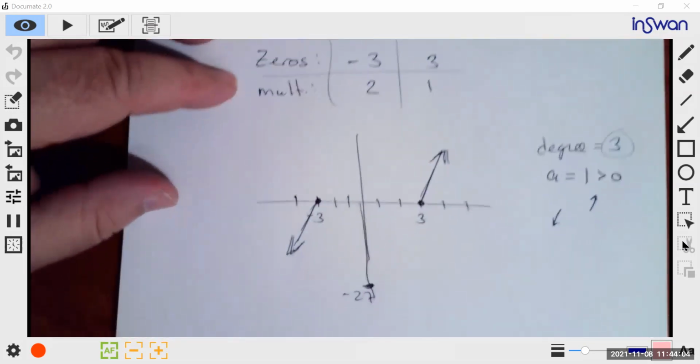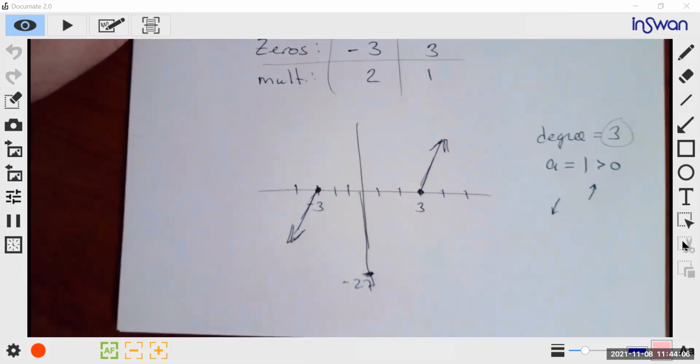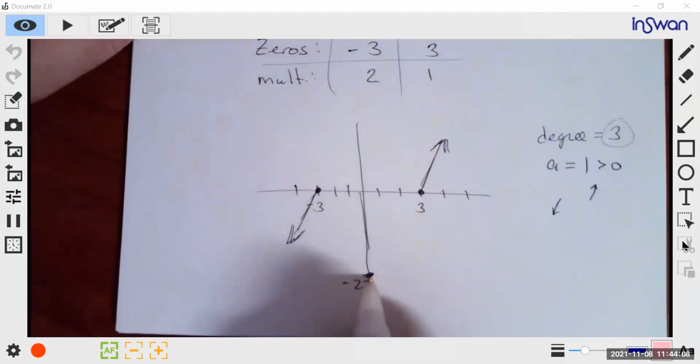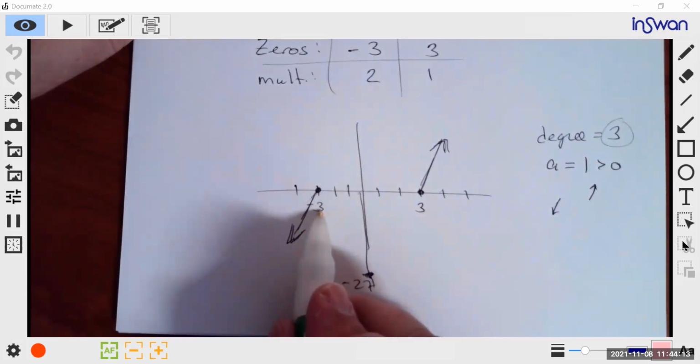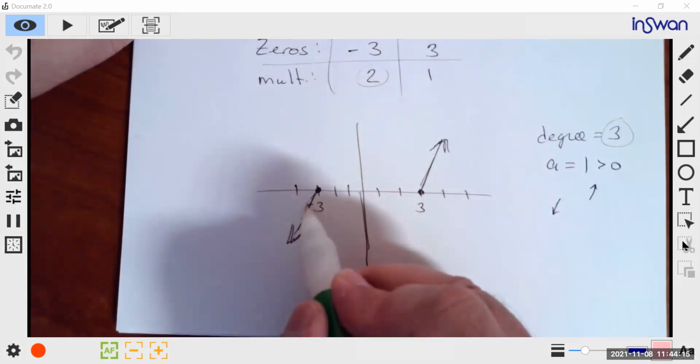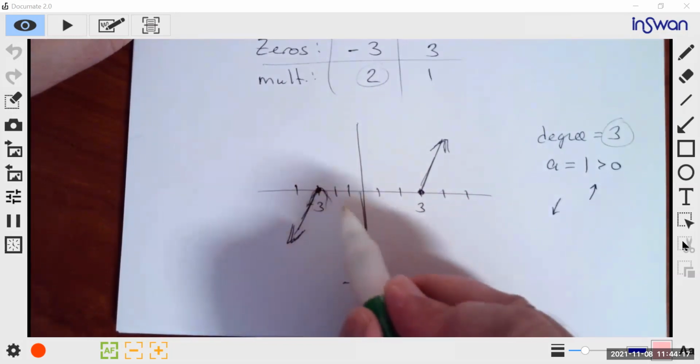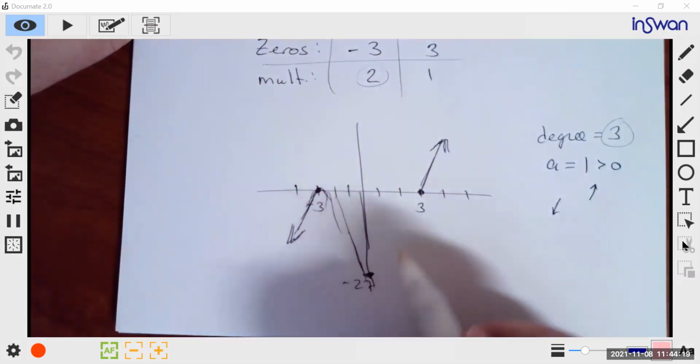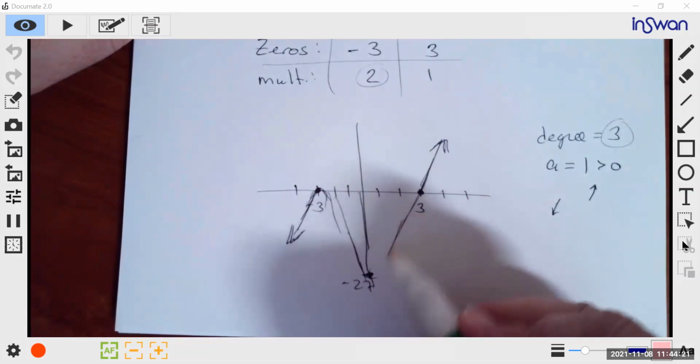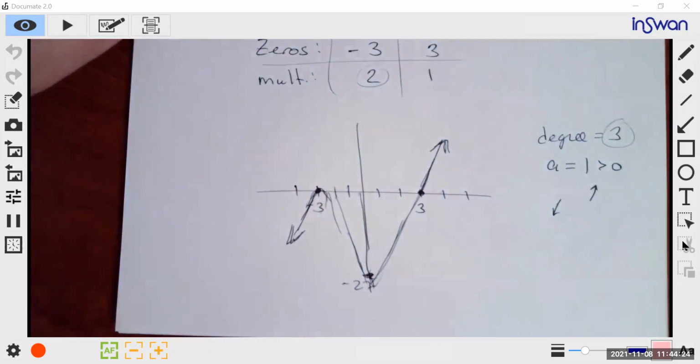So that is all I know for sure. I also know it has to cross through -27. But at -3, since the multiplicity is 2, it bounces. And at +3, multiplicity is 1, so it crosses. So it looks something like this.